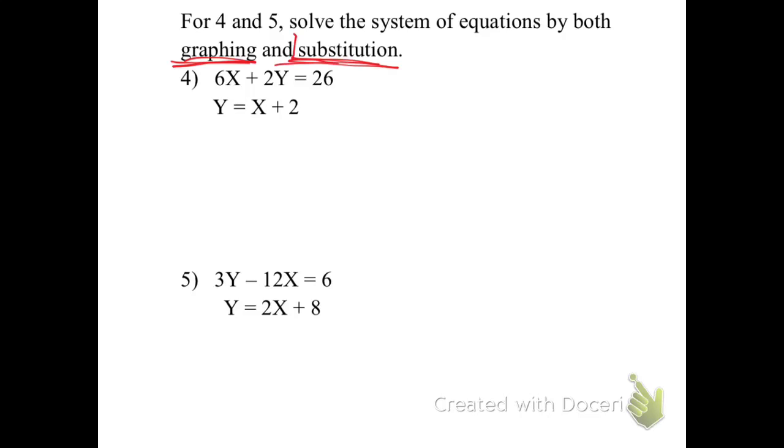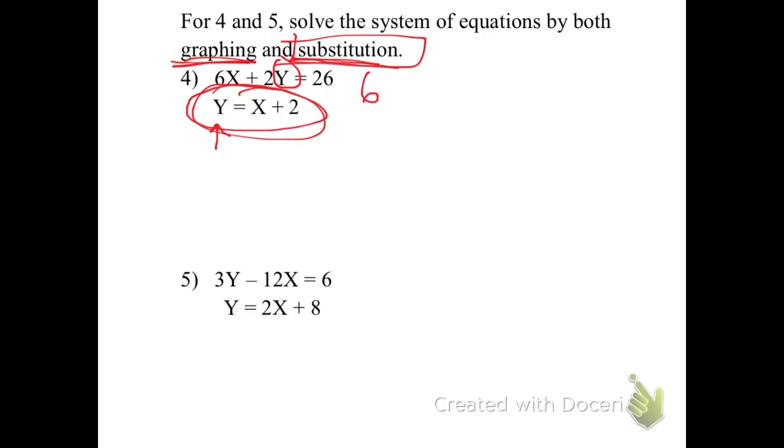I'm just going to do the substitution for you guys on this one. So, thing to notice here is one of your equations is already conveniently solved for one of your variables, y. And so take this solution and you just plug it in for this y here.